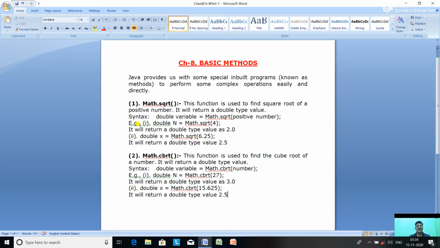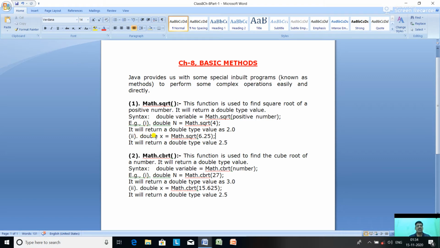See example. Example 1. Double n equal to Math.sqrt(4). So what will be the square root of 4? The square root of 4 will be 2. But here the output will be 2.0. Why? Because the return data type of the sqrt function is double. So instead of 2, it will be 2.0. The same way, one more example.